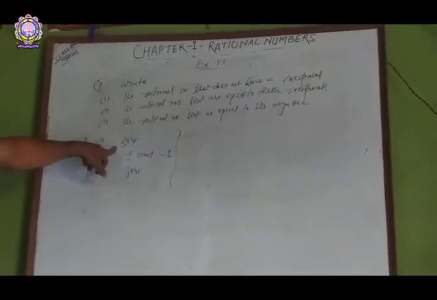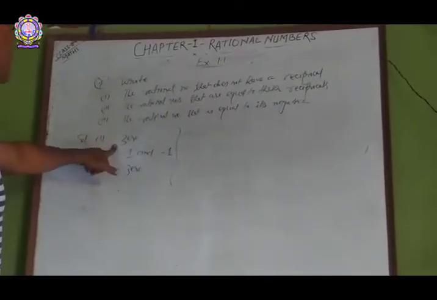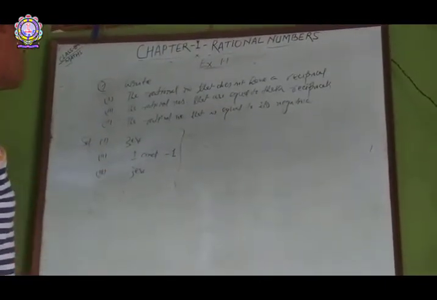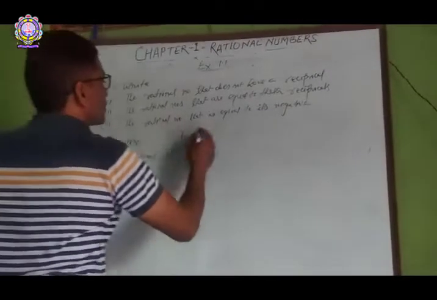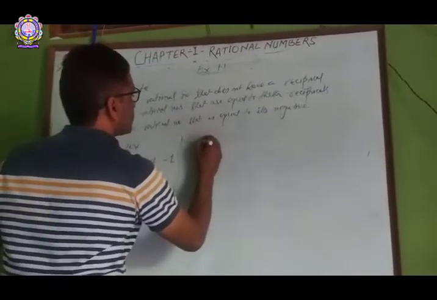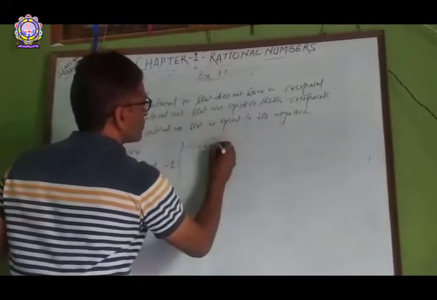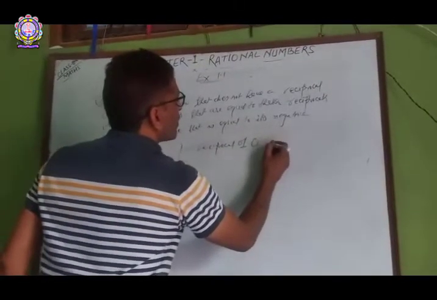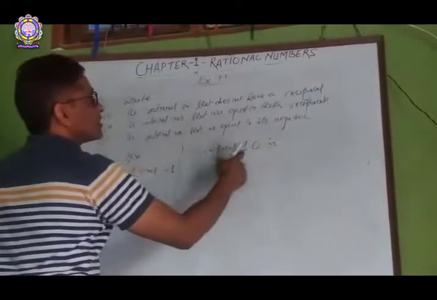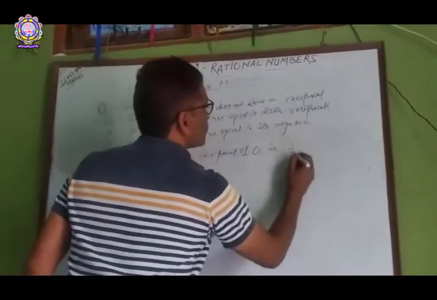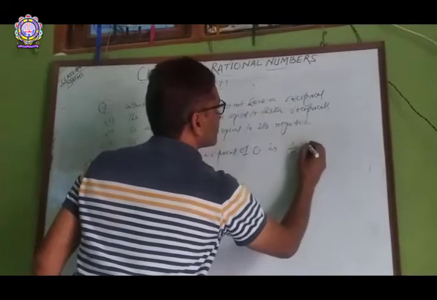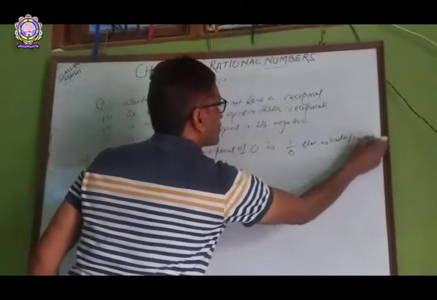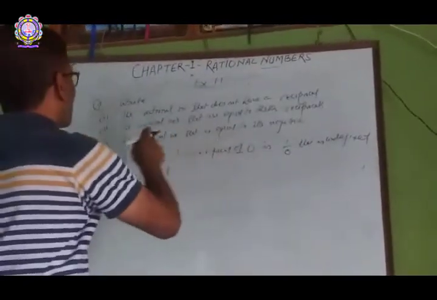Answer is 0, as you have already noted in the theoretical part that 0 does not have a reciprocal, because the reciprocal of 0 is 1 upon 0, that is undefined. It means 0 does not have its reciprocal.